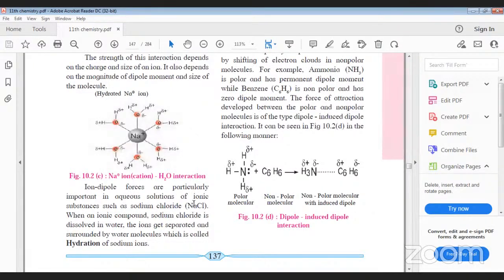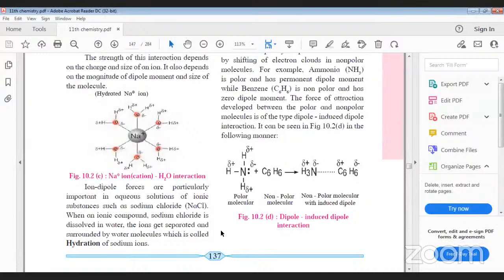This sodium ion Na+ and chloride ion Cl-, they get separated from each other. Sodium goes with the water molecule, chloride will also go with the water molecule. And this process is called hydration. See, I'm going to read it. When an ionic compound, sodium chloride, is dissolved in water, ions get separated and surrounded by the water molecules, which is called hydration of the sodium ion.